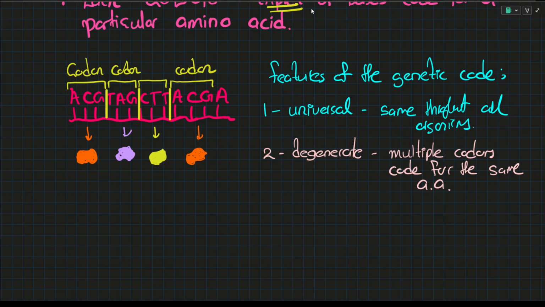For example, now we just said that this ACG codon would code for this particular amino acid. Due to the degenerate nature of the genetic code, there might be 2 or 3 more codons that code for the same exact amino acid. Maybe CGG also codes for it.